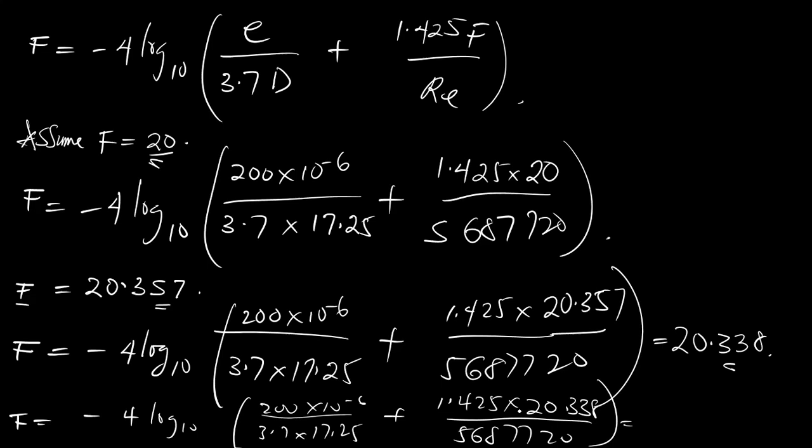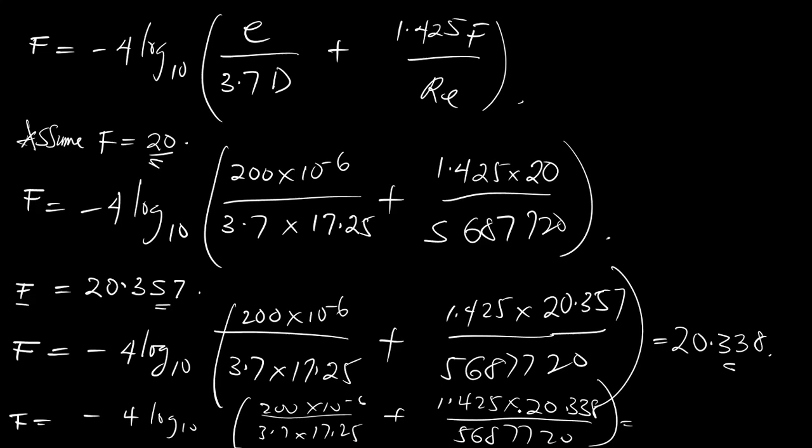Let's now recalculate again. Now we have minus 4 log to base 10, bracket open, 200 times 10 raised to power minus 6 divided by 3.7 divided by 17.25 plus 1.425 times 20.338 divided by 5,687,720, bracket close.